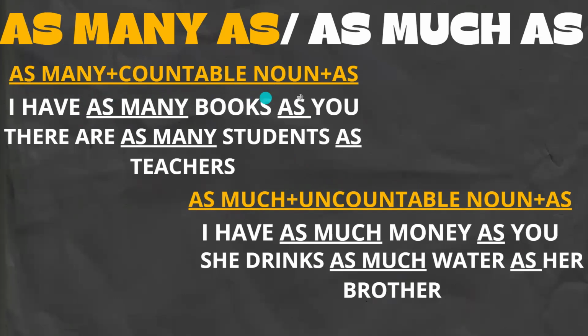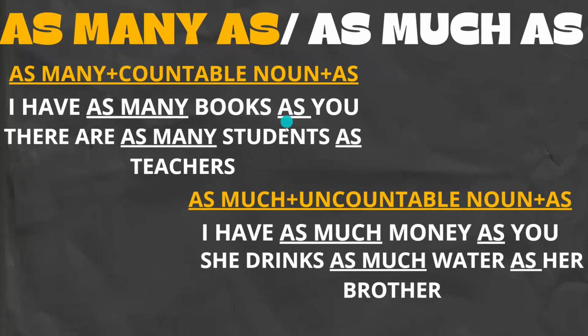You can see here the structure: as many plus countable noun plus as. Can you read the first example, Rachel? I have as many books as you. Okay, what do you understand when you read this? What is the meaning of this?